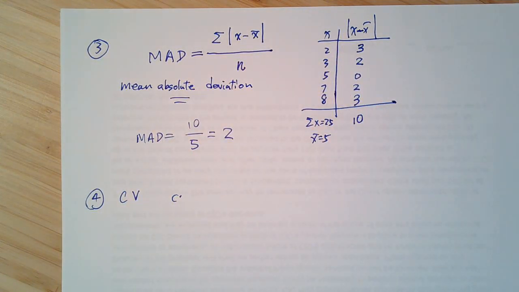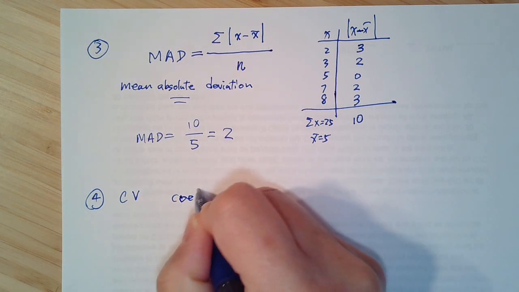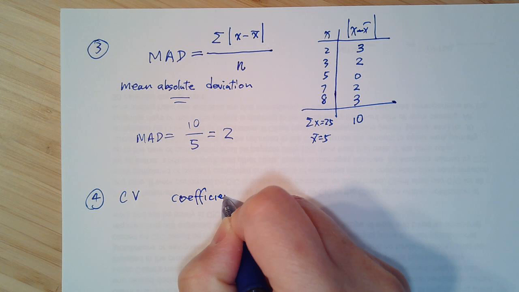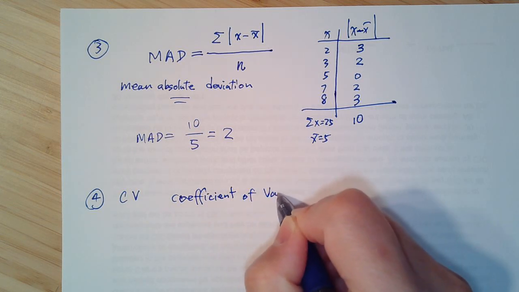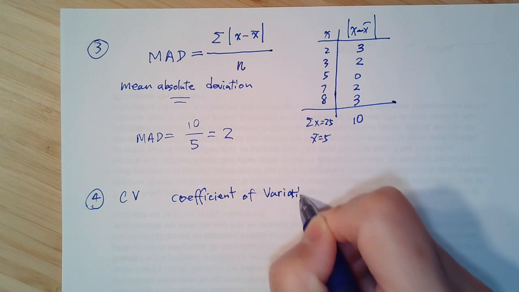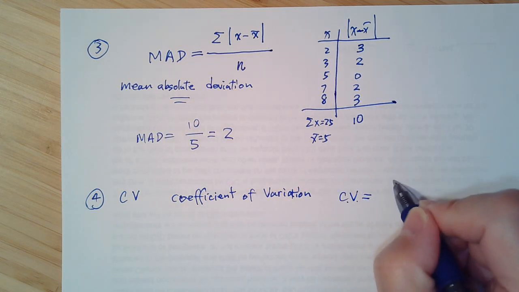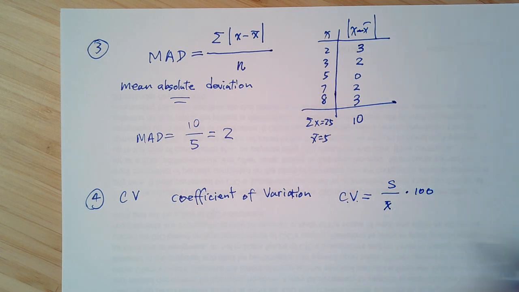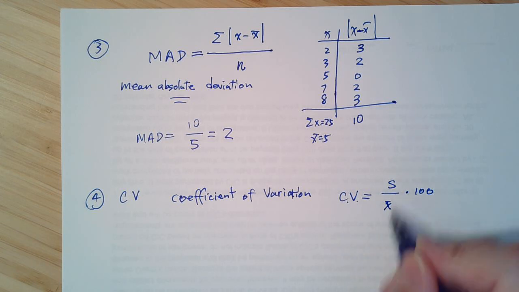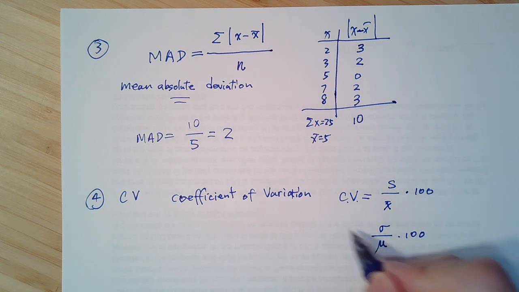And the CV stands for coefficient of variation. The formula is CV equals S over x bar times 100. Or the CV for a population could be sigma over mu times 100. So this is for a population.